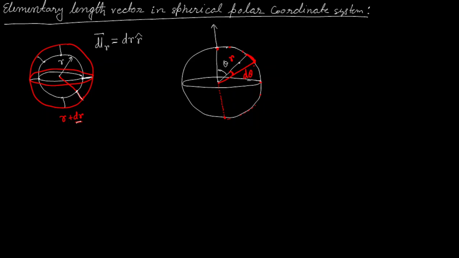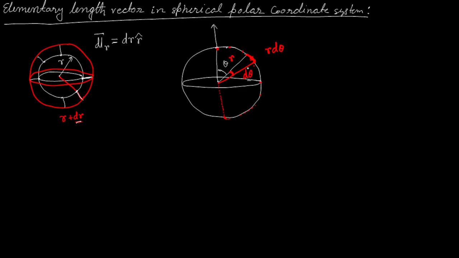So the limiting value of theta will be 0 to pi. Between 0 and pi, we can increase the value of theta step by step. So the smallest possible increment of theta is represented by d theta. This d theta will be very, very small, so this length will also be very, very small. And from this figure, we can write what this length is. This length will be r d theta.